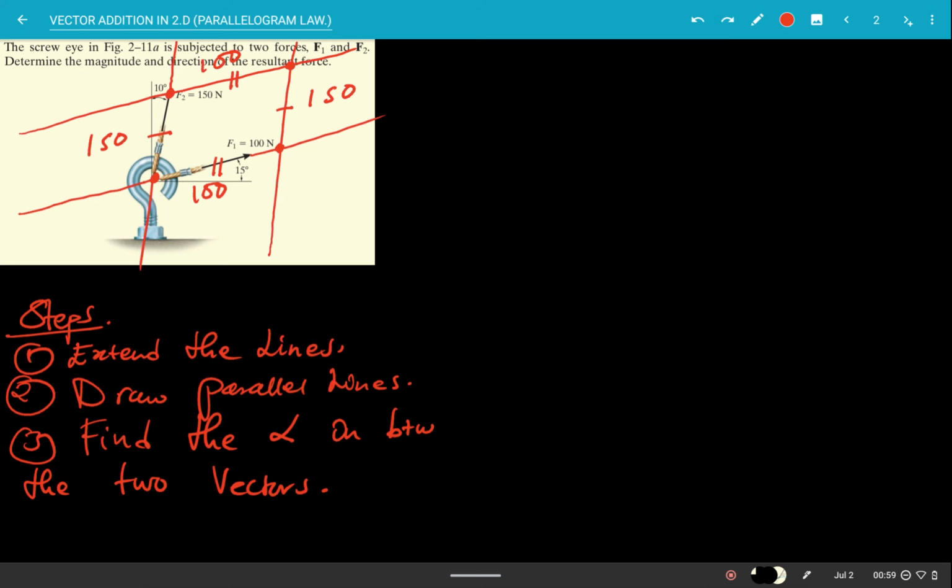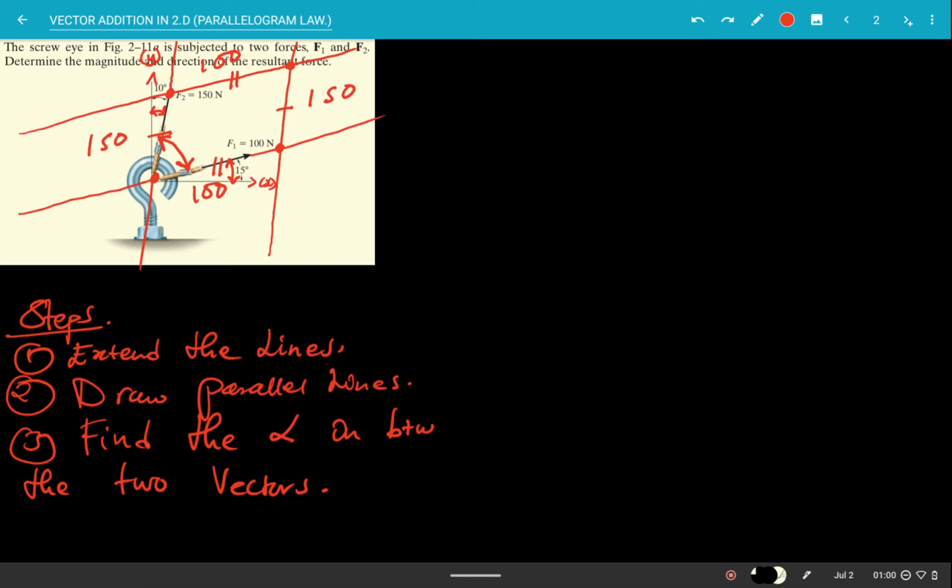So I'm looking for the angle in between, which is this angle. Now as you can see, I already have 15 degrees there, and I also have 10 degrees there. And from the looks of things, this is the y-axis and this is the x-axis. So from this point to that point, I am having 90 degrees.